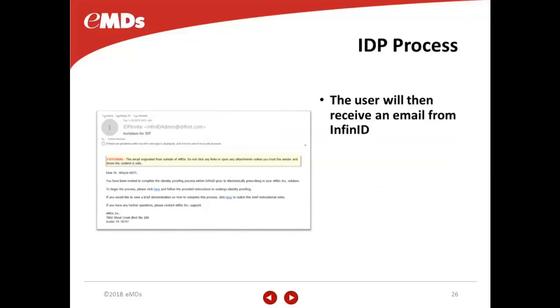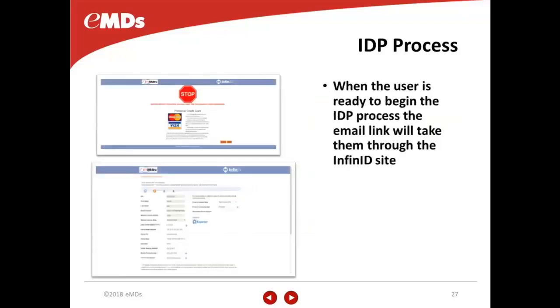So be careful to make sure that the prescriber will be checking that email address when that's entered. This will provide a link to begin the ID proofing, and I believe it's with Experian. I think we'll see that here in a few minutes. Yeah, it is.